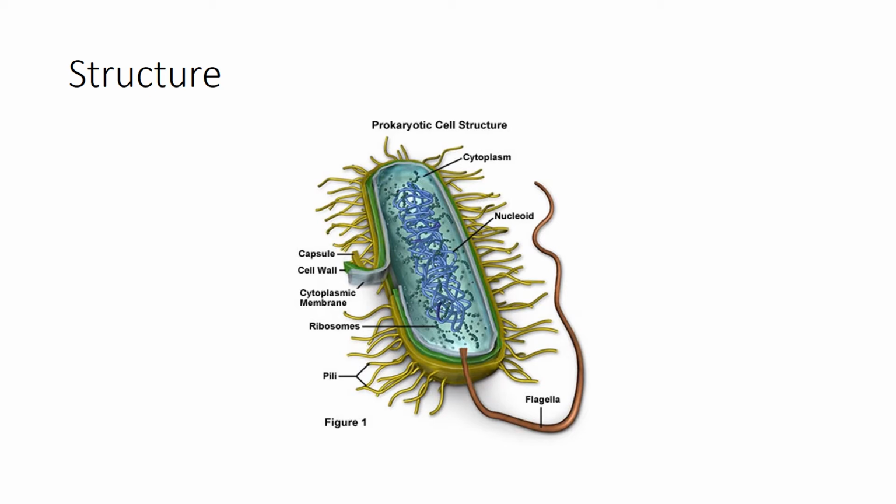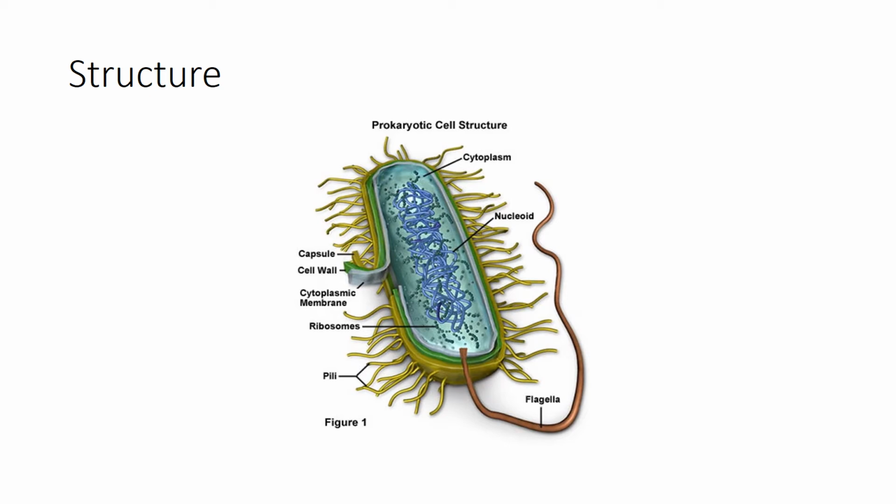The function of the capsule, of the cell wall, the green structure, is to protect prokaryotic cells from invasion or from harm. Cell walls are mechanically stable, so it's due to cell walls that it's hard to squash prokaryotic cells.